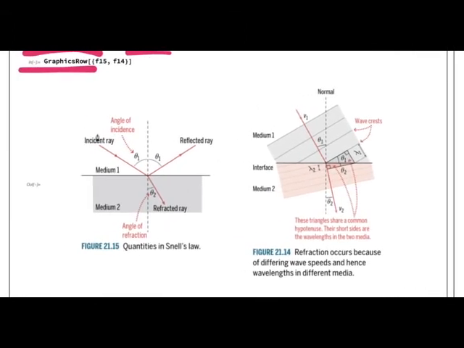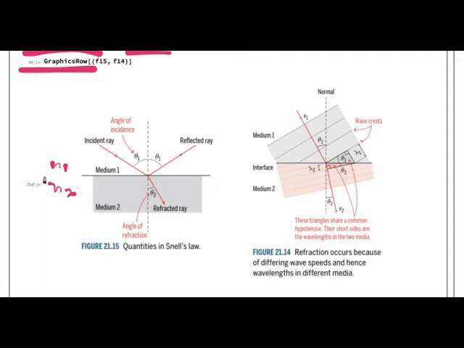Let's suppose we have incident light on a surface between two media. Medium 1 has some index of refraction n1. Medium 2 has some different index of refraction n2. So there's a discontinuity in the optical properties at this point.